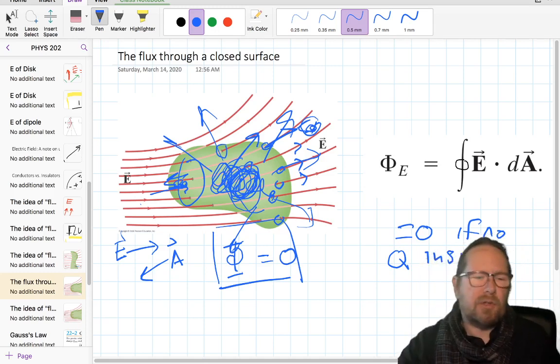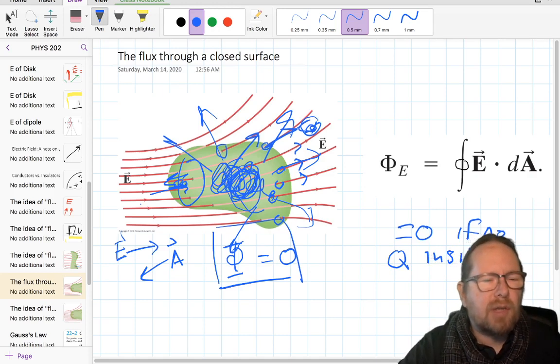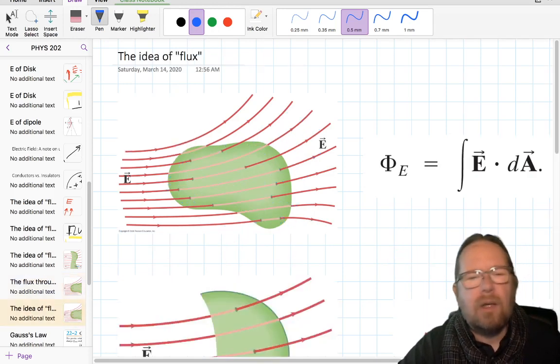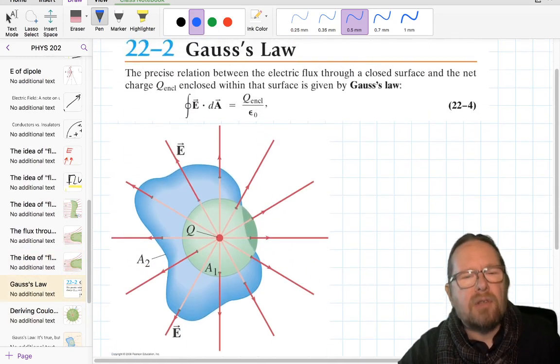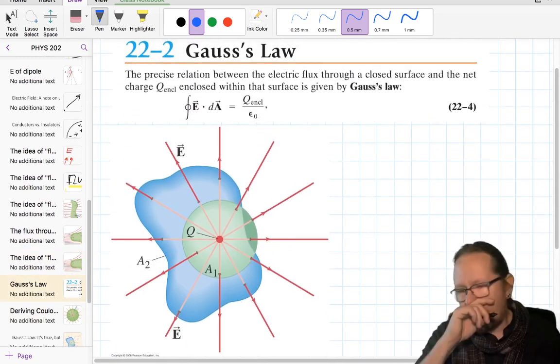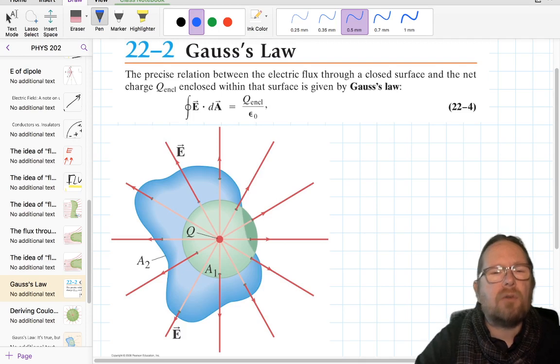What if there is charge inside the surface? If there is charge inside the surface, then that gives us Gauss's law. Gauss's law says that if there is some kind of electrical charge inside of a closed surface, and that's what this little closed surface integral means, that the integral of the electric field over that area is equal to the charge enclosed divided by epsilon 0, that permittivity of free space, that electrical constant from Coulomb's law.